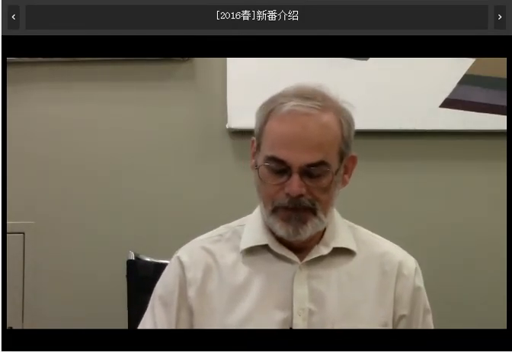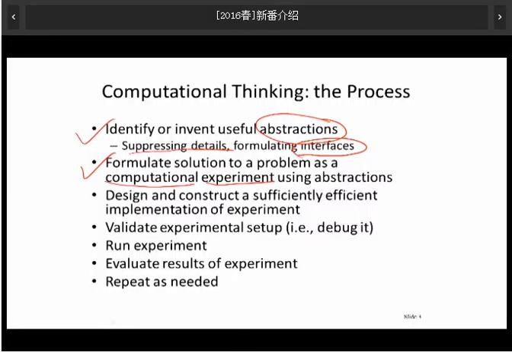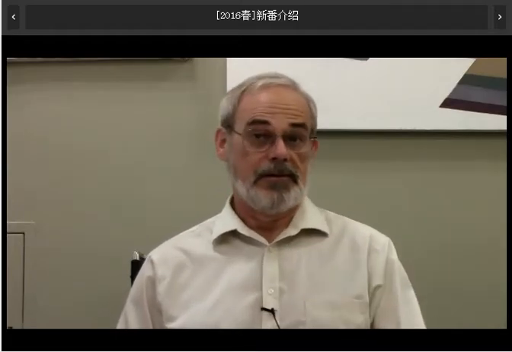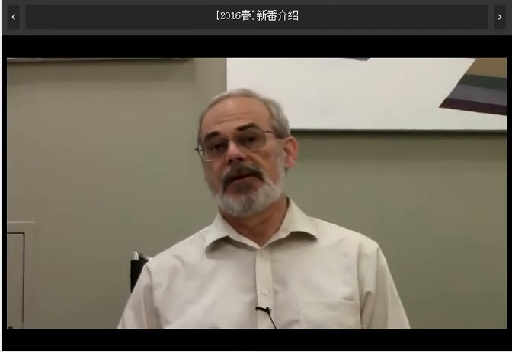Having done that, I'm then going to design and construct a sufficiently efficient implementation of the experiment. Again, the key words here are sufficiently efficient. We've seen there can be many different ways to implement a particular algorithm, a particular computational structure.